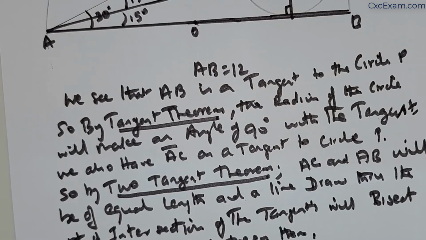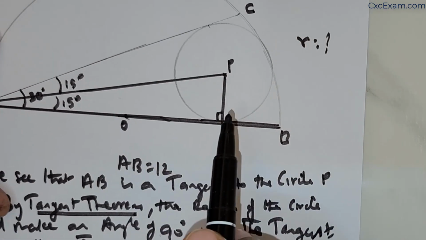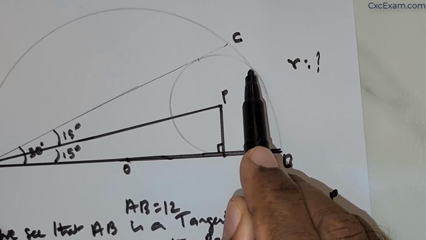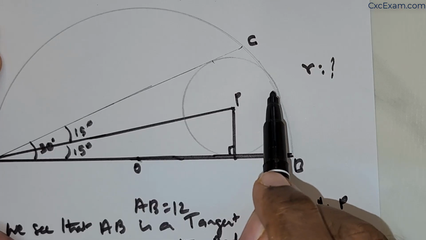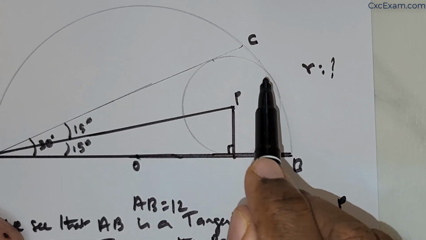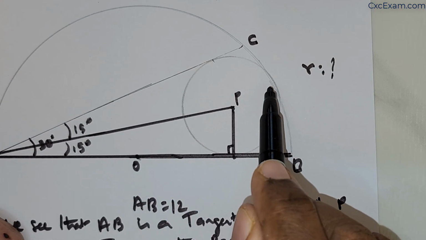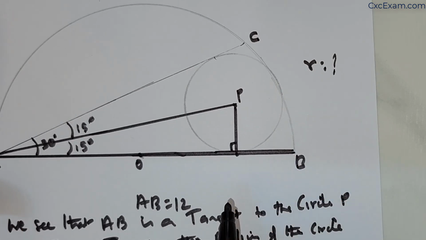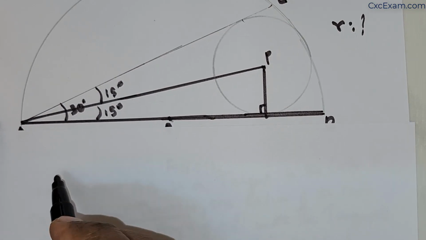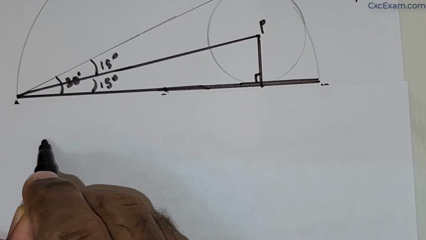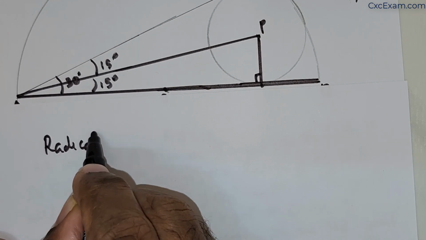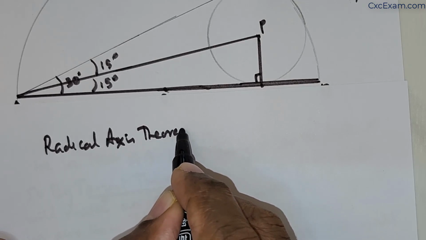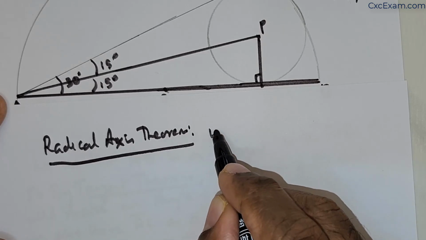Now there is another theorem we will use. You see the circle, the point of tangency between the two circles. There is a tangency created by the circle with the semicircle. This theorem is sometimes called the radical axis theorem. This is the third theorem we are using.